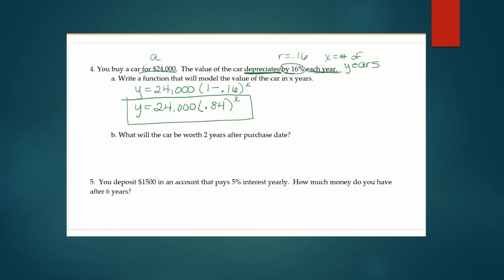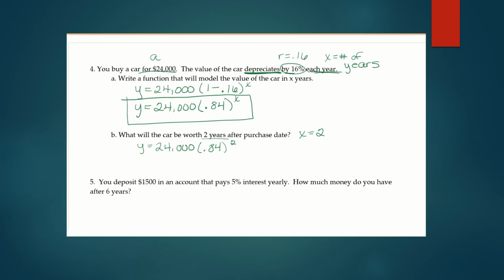So now if we want to find out what the car is going to be worth after 2 years, that's giving us an X value. So we're going to plug in an X value of 2 into our function that we wrote above. And let's see what we get. So 24,000 times 0.84 raised to the power of 2.